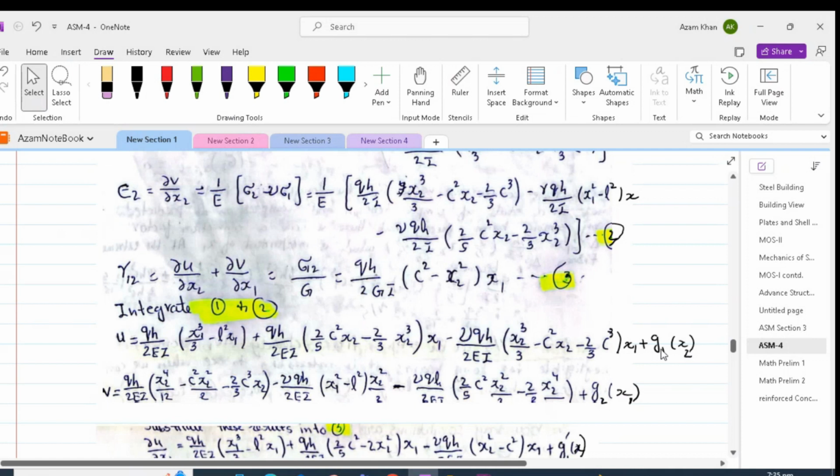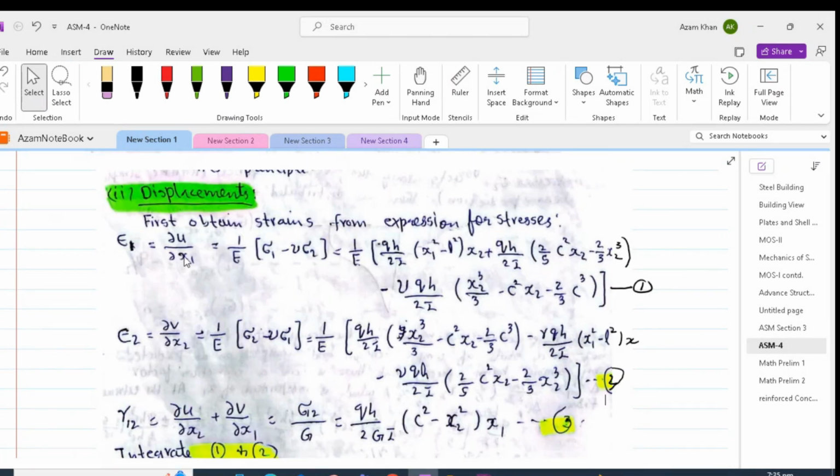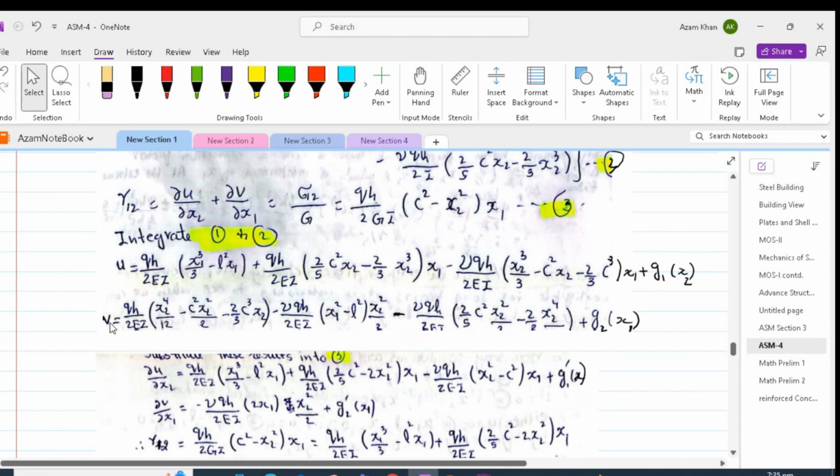Please note we have put a constant in terms of x2 because we have integrated this equation with respect to x1. Similarly, we can write the expression for v, and a function of x1 will be added as a constant to this expression.